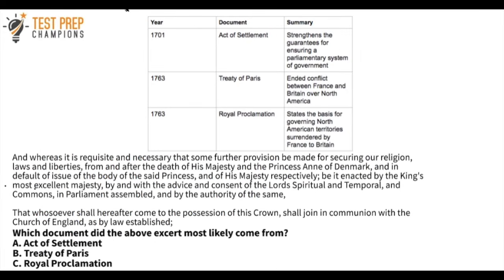Okay, so for the next question, you have a chart here that gives you years, gives you the names of certain documents, and gives you a summary of each document.